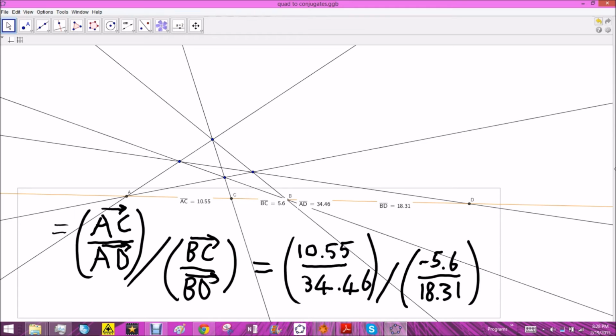Well, if we do the same thing from B's point of view, we get a number which is equal to about minus 0.3. That is, the displacement from B to C divided by the displacement from B to D is about minus 0.3. And so then, if we just take the ratio of those two, we find the answer is actually minus 1.